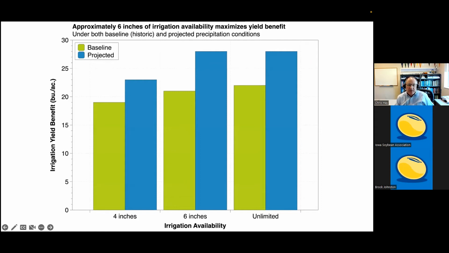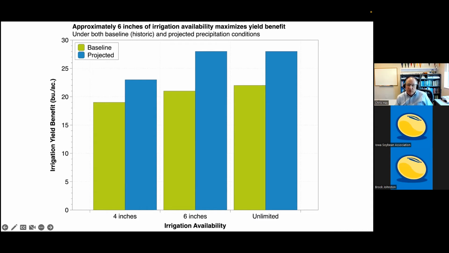So the green is the baseline or historic yield increases, and then the blue line is that climate projection scenario where we've got more rain in the spring, less rain in the summer. And so with both of those, certainly saw a big benefit with just 4 inches of water.